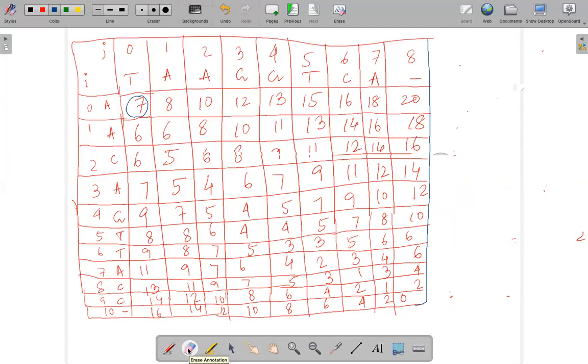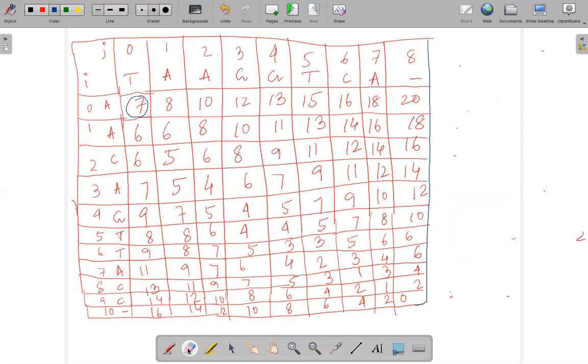We first have to identify a path. We have to trace a path through which we got this value 7. We have to trace the path backward.